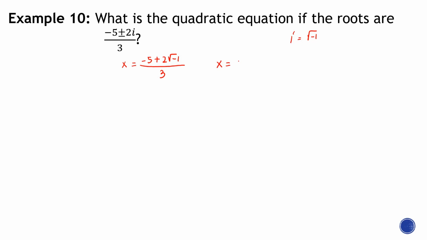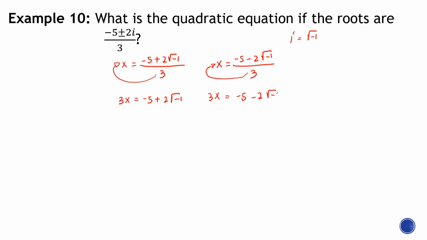The other one is negative 5 minus 2 square root of negative 1 all over 3. Let's use the multiplication property of equality, or just bring that 3 to x, so it becomes the numerical coefficient of x. This is 3x equals negative 5 minus 2 square root of negative 1.